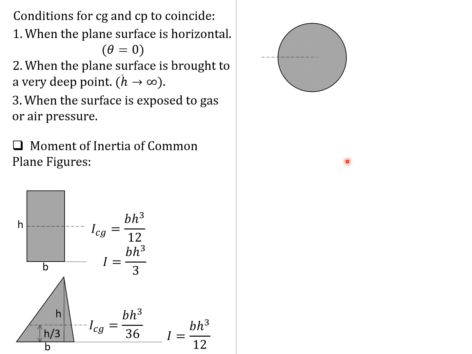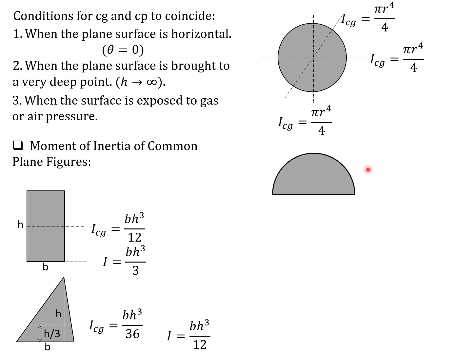For circles, with respect to the centroid, it is pi r to the fourth over 4, or pi over 64 diameter to the fourth. In fact, with respect to any axis through the center, it's the same. For a semicircle, with respect to the centroid, we have 0.1098 r to the fourth, where the distance of the centroid is 4r over 3 pi.